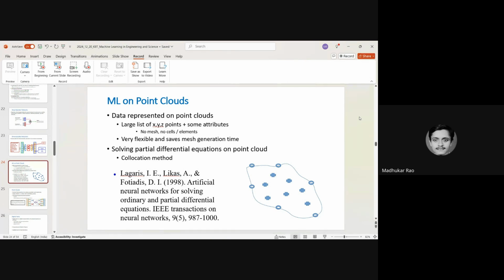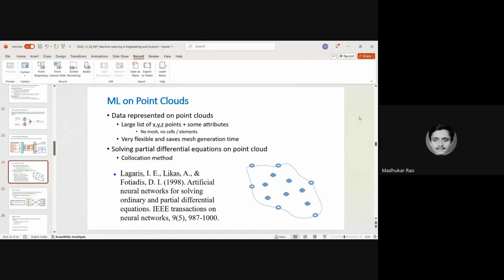And we can bring it to fluid flow. So we can do CFD on individual points, on maybe even millions of points. So it's very flexible and saves you a lot of mesh generation time. And you can solve the partial differential equations or governing equations on the point cloud. There are various ways of solving that. One of them is the collocation method.